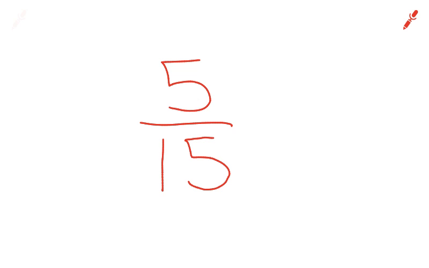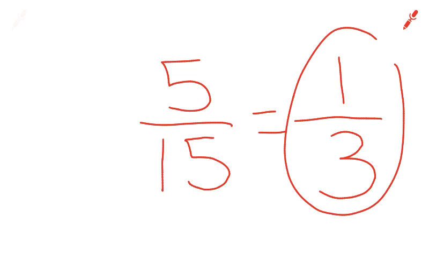2C, we have 5 over 15. What goes into both 5 and 15? The highest number that goes into both is 5. 5 goes into 5 1 time. 5 goes into 15 3 times. And our answer is 1/3.